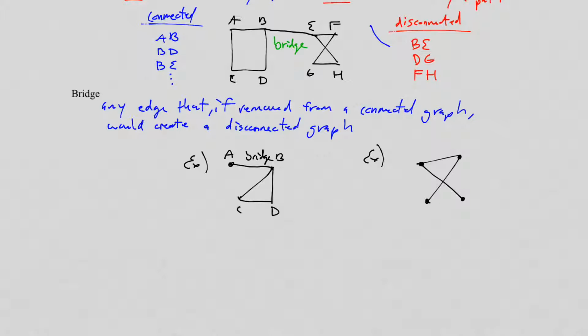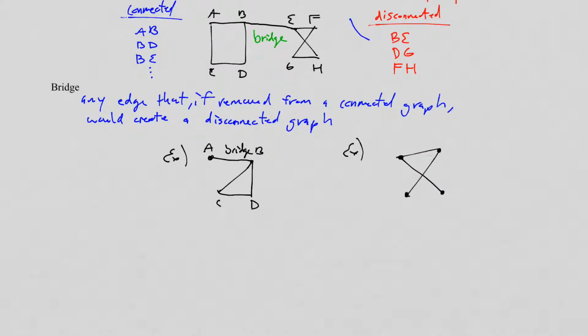If you take out this one, this is going to be disconnected over here. If you take out this one, this is going to be disconnected over here. So what's the conclusion? Very good. All edges are bridges. So that's what we mean by bridge.